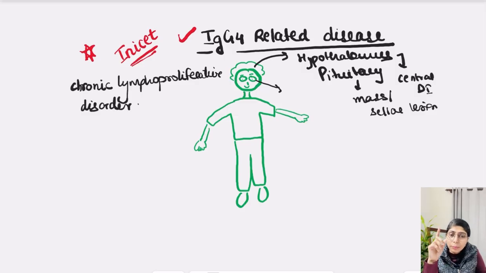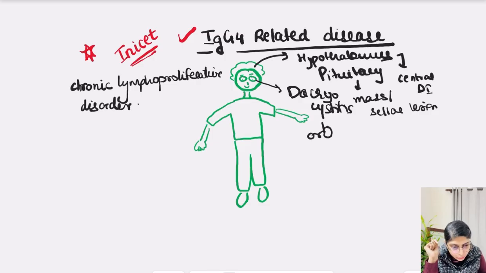But what is that one part of eyeball or the eye globe that gets inflamed in IgG4 related disease? That one part is dacryocystitis. So the tube, dacryocystitis, and it can also present with an orbital pseudotumor.